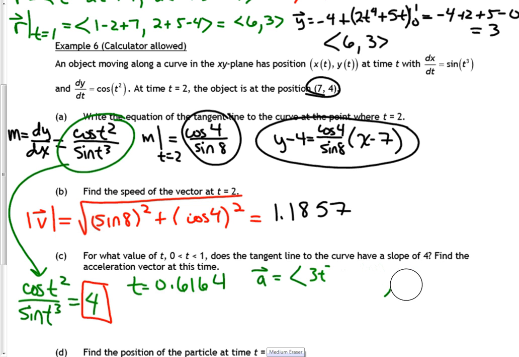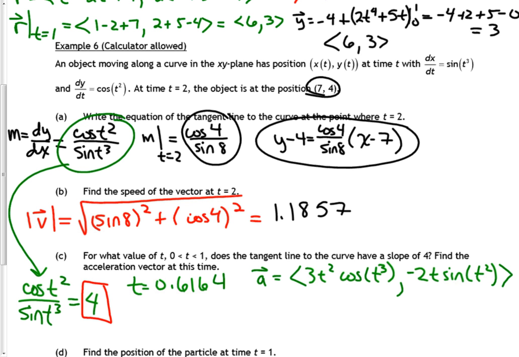Slow down. Hold on. Let me repeat that. So for acceleration, it's going to be 3t squared cosine, my apologies, of t cubed. And for my y component, it's going to be negative 2t sine of t squared.